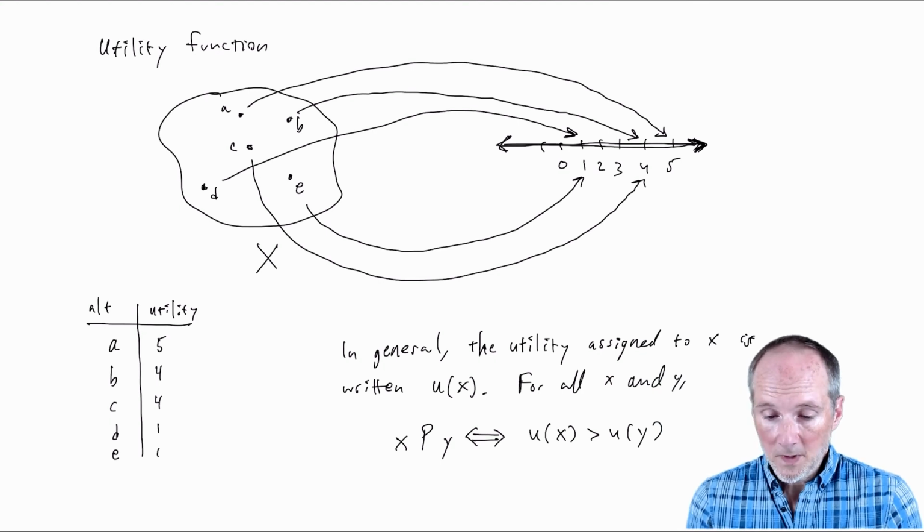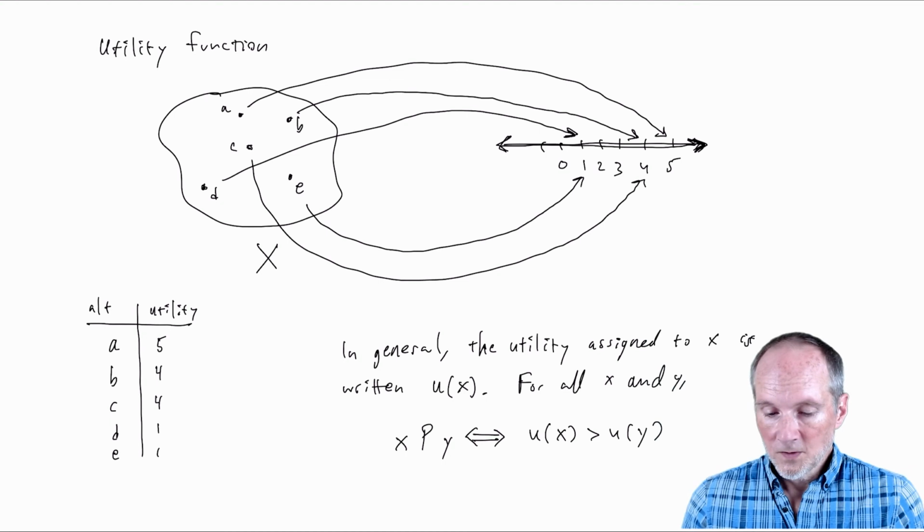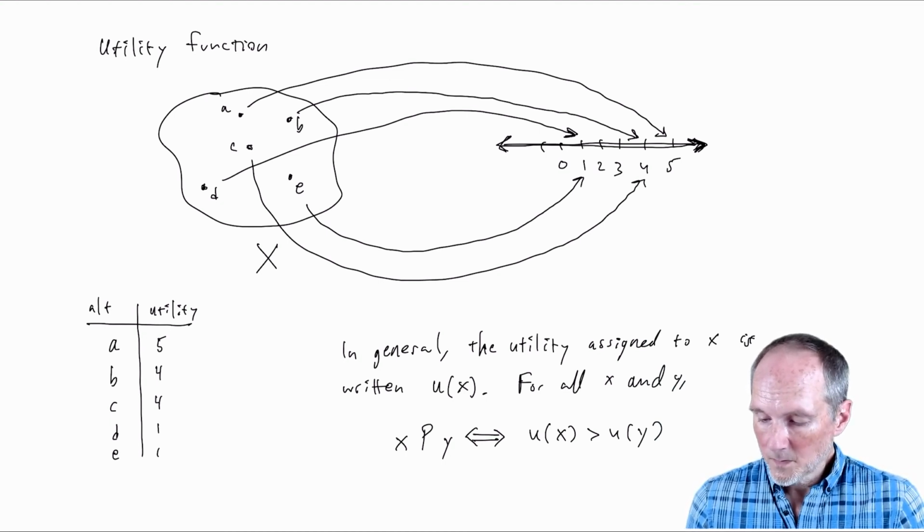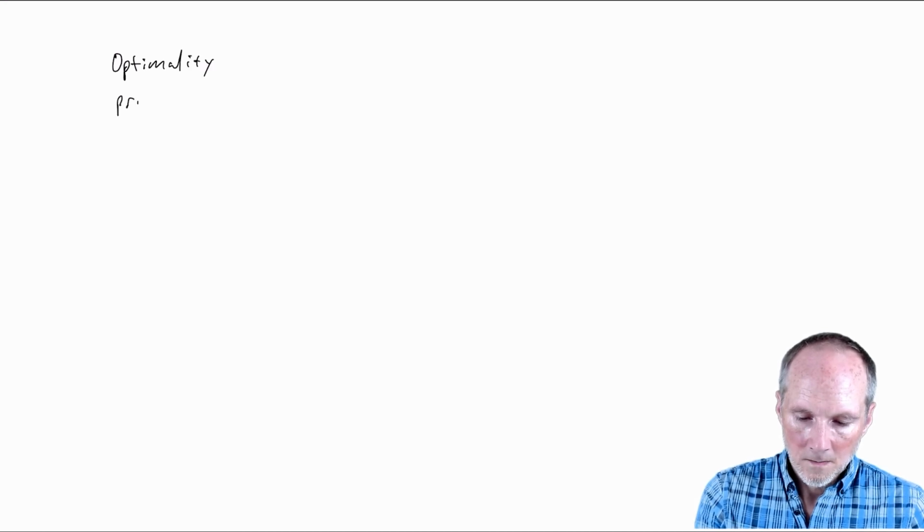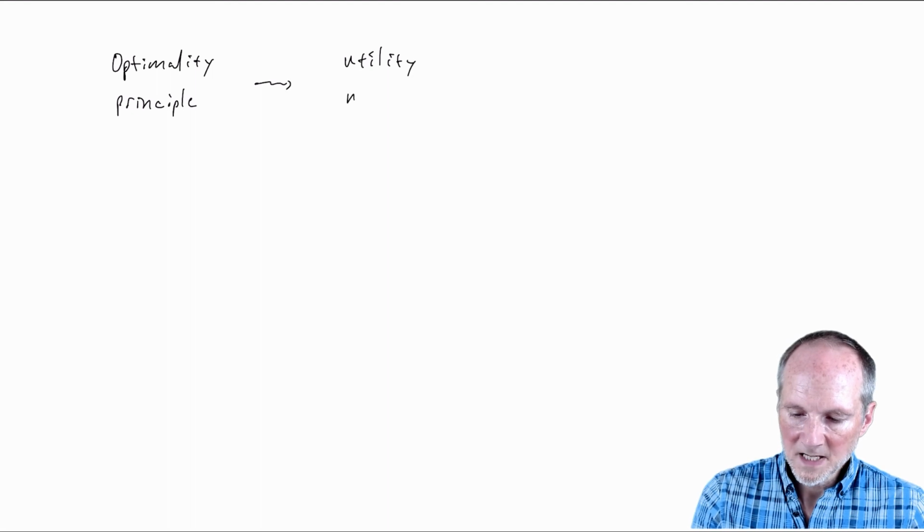All right, so with this apparatus of a utility function, the optimality principle that we talked about before just becomes the idea of utility maximization.